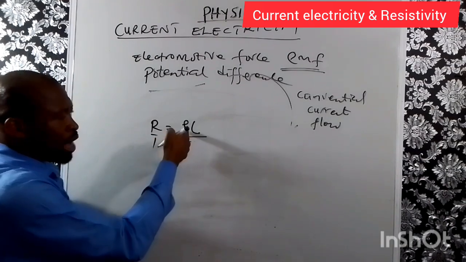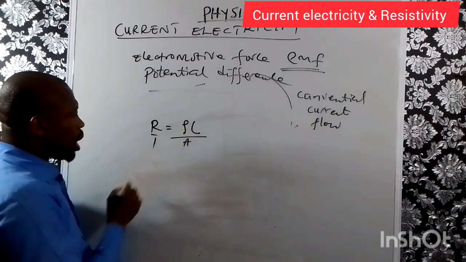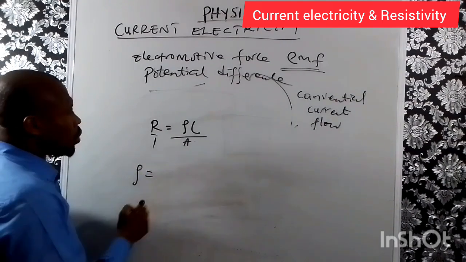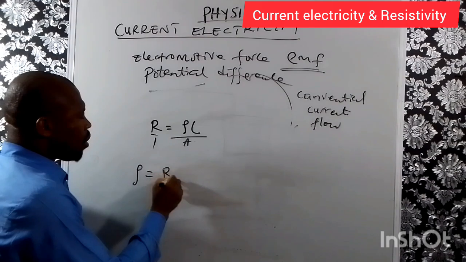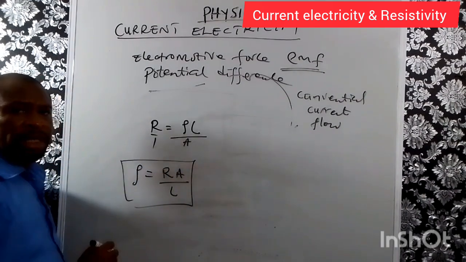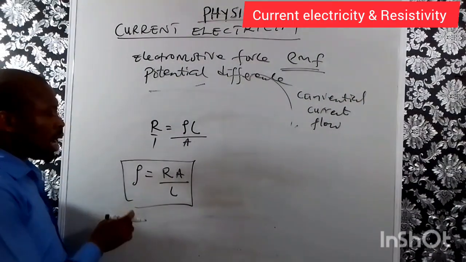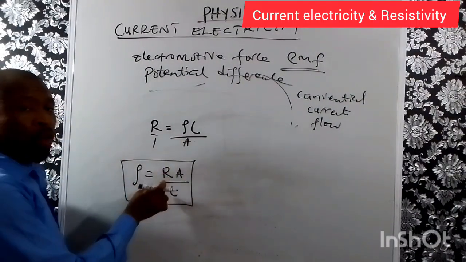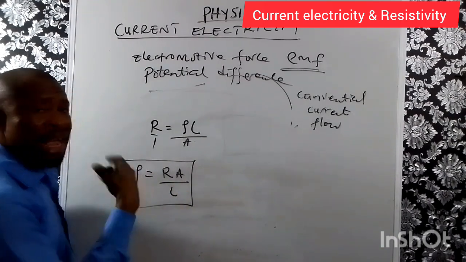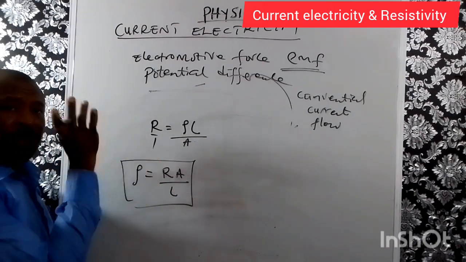We can cross multiply to get rho. We have that rho is equal to RA all over L. So that's why we say it is the resistance of a wire of unit cross-sectional area of unit length.